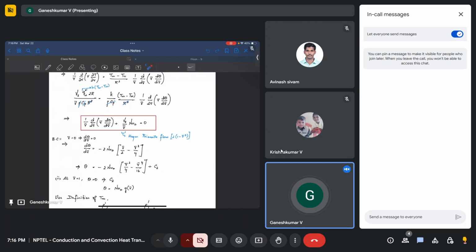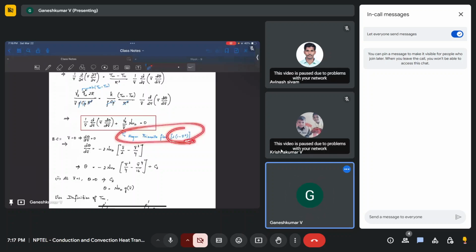Okay. Now we apply this for Hagen-Poiseuille's flow. Because we already know the velocity profile here, you can substitute it and simplify, and you will end up having theta as a function of Nusselt number and R bar, right?